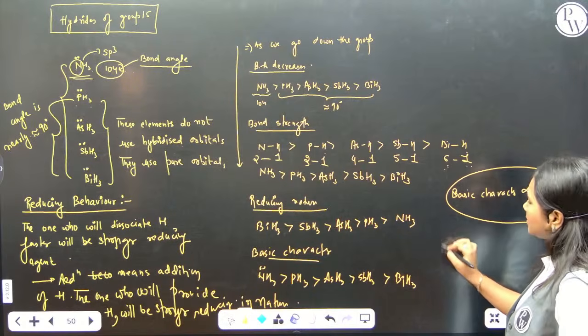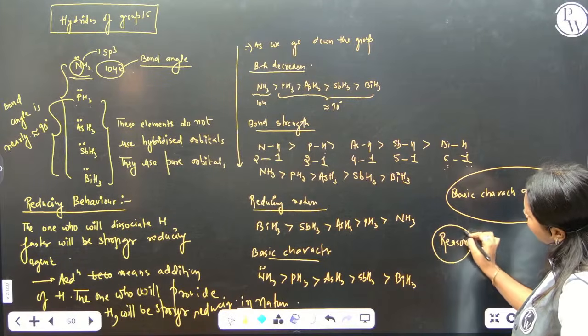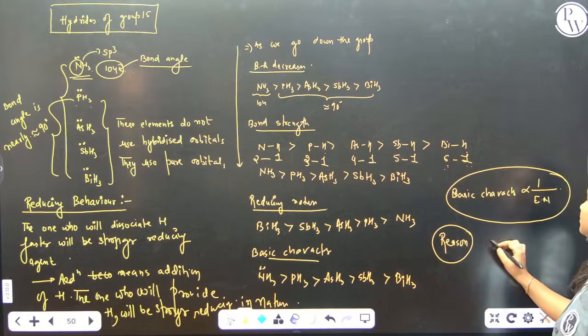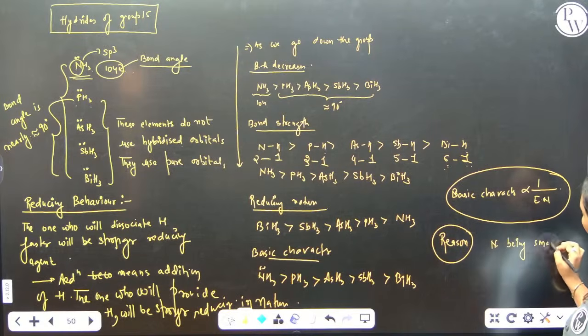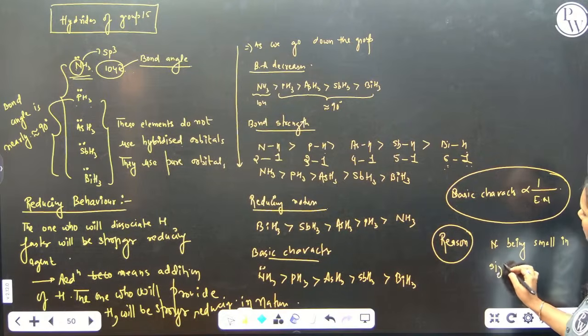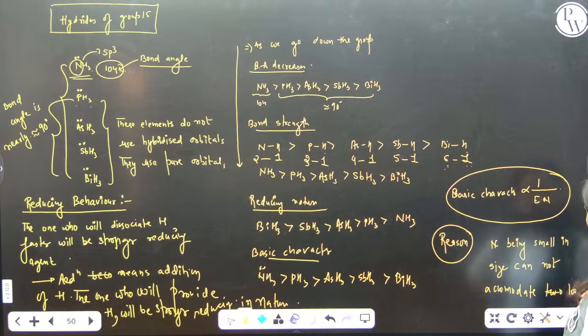And what is the reason here? The reason is that nitrogen, being small in size, cannot accommodate the lone pair.